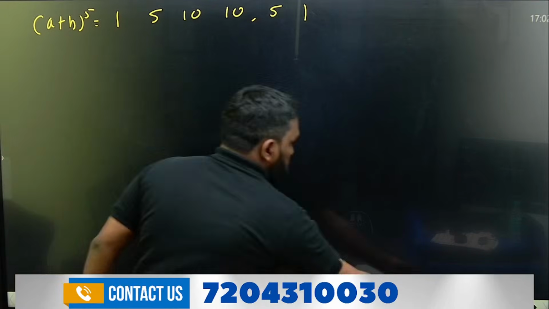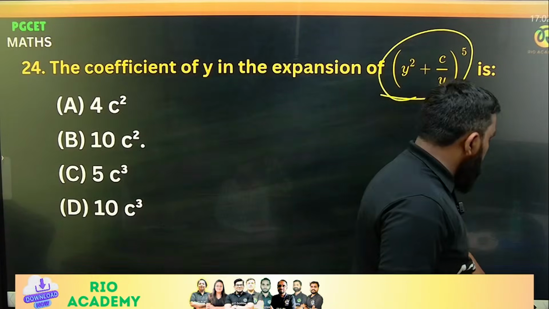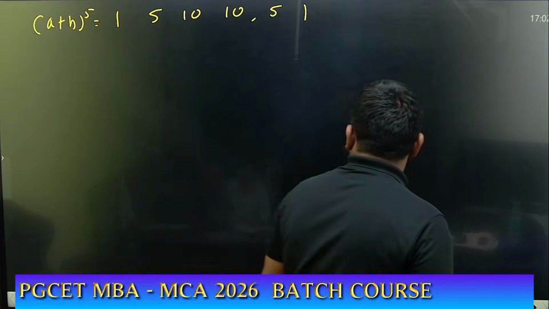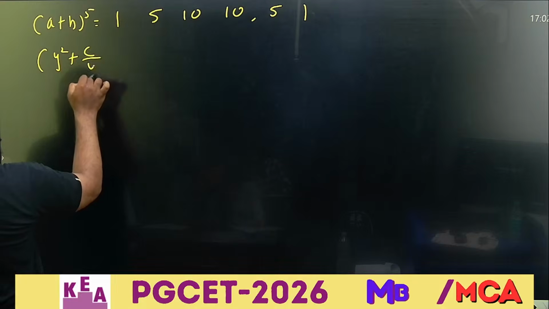Now here, in the question, they are asking (y square plus c by y) raised to 5.